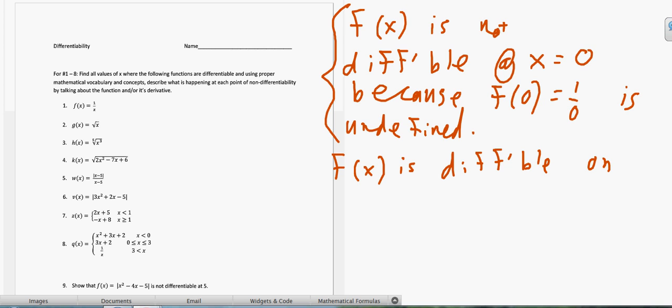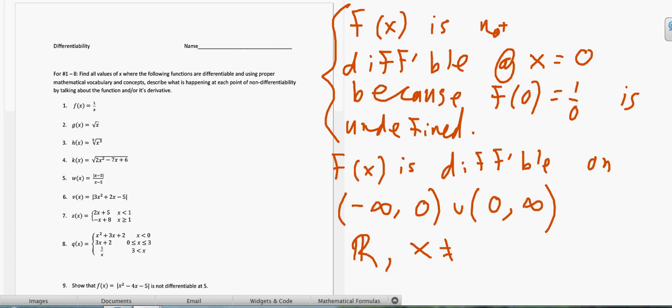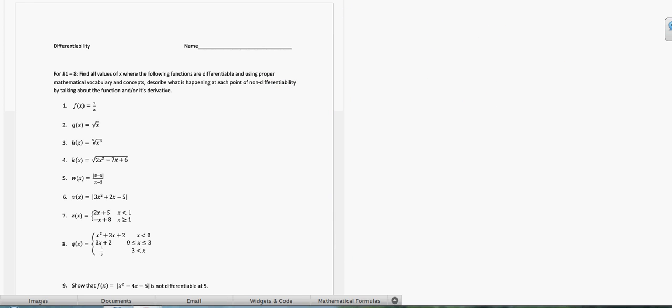Since it's everywhere else, you can write negative infinity to 0, union 0 to infinity. It's everything but 0. Or you could write all the reals except x cannot be 0. Either one would tell where f is differentiable.